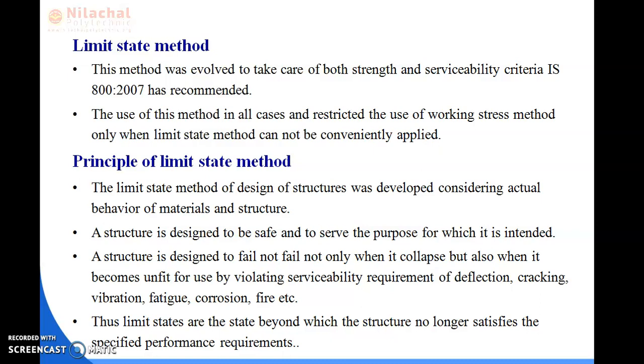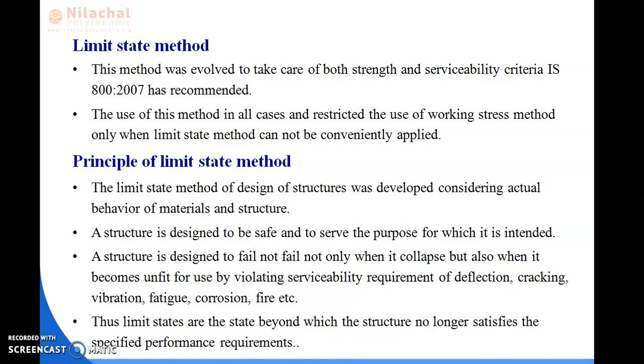If the load is increased day by day, then after the optimum stress it will fail. To avoid that situation, we have time to reconstruct the structure before the failure. This is a very good advantage of the limit state method.